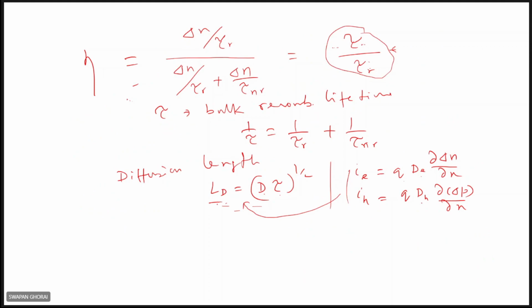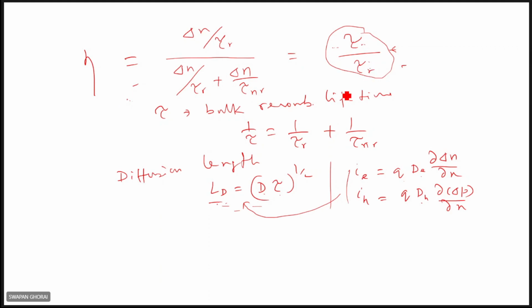So eta will be the ratio RR by RR plus NR. If you substitute, it easily cancels. And if you write 1 upon tau equal to 1 upon tau r plus 1 upon tau nr, then eta will be tau by tau r. That is the most important relation for eta and the radiative recombination lifetime.